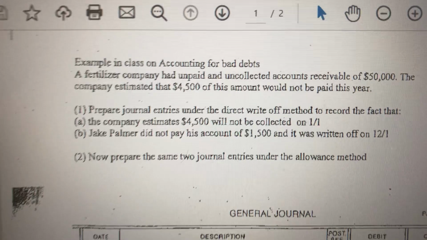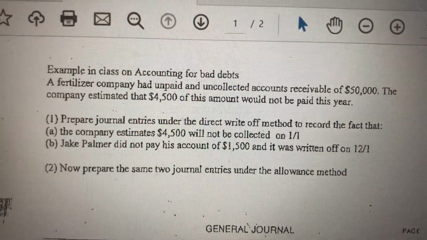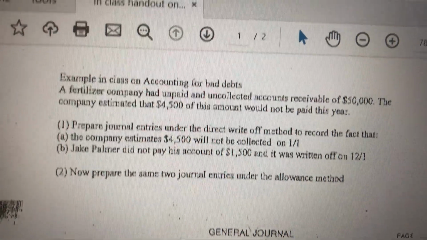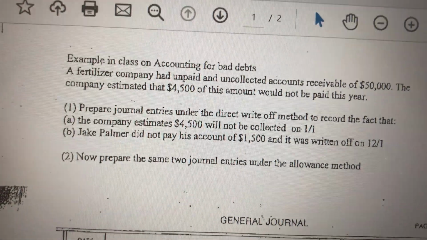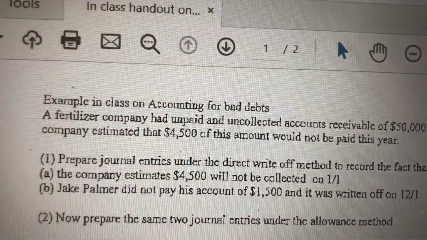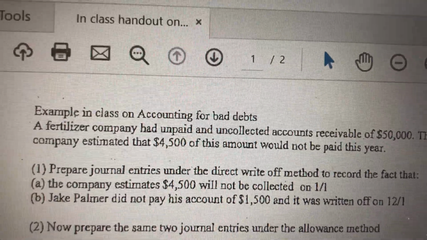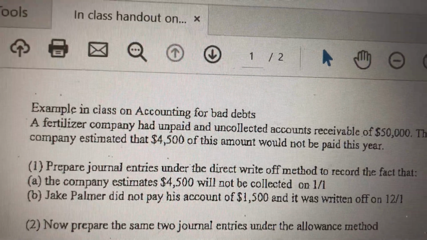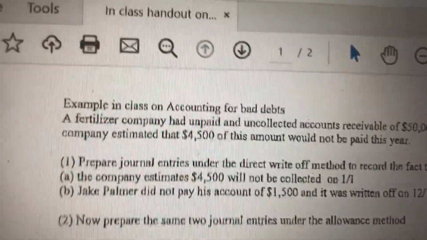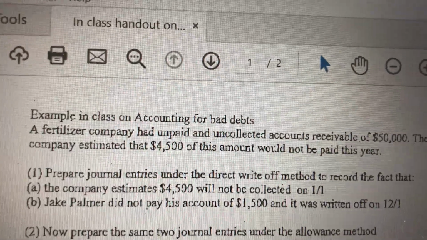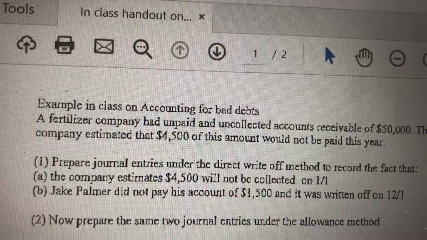And what is that guy's name? $4,500 worth. Jake Palmer is his name. So what we have here is, under the direct write-off method, first, what do you do about this estimate? $4,500 is the estimate that the company makes of all of their accounts receivable, okay? And Jake Palmer didn't pay $1,500 of that.